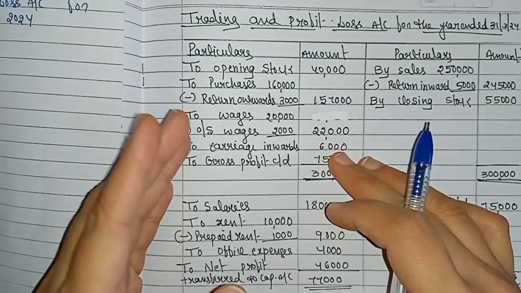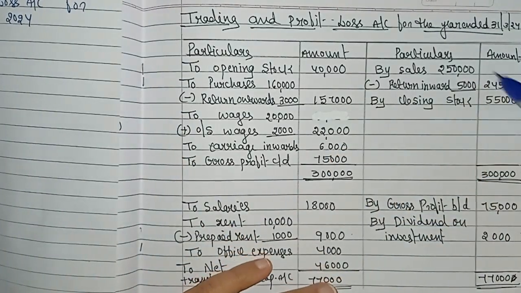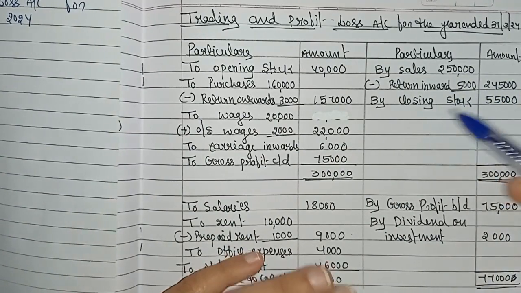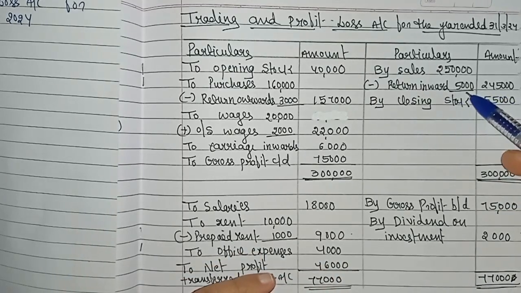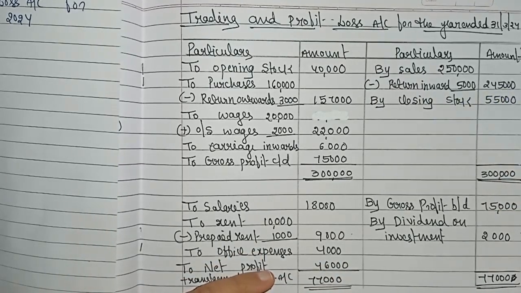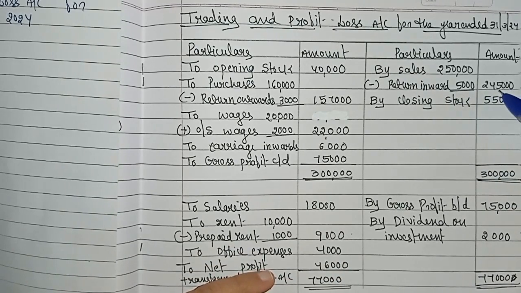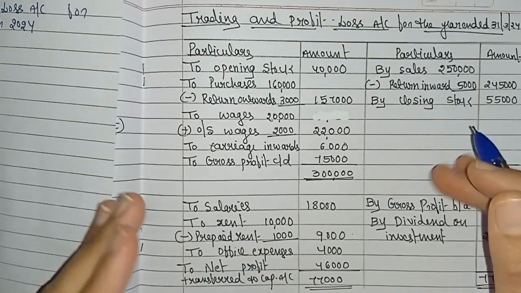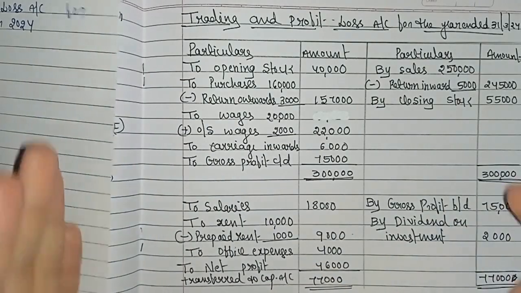Clear? Return outwards and return inwards. So from 2,50,000 we need to deduct return inwards or sales returns, that is rupees 5,000. So that amounts to rupees 2,45,000.